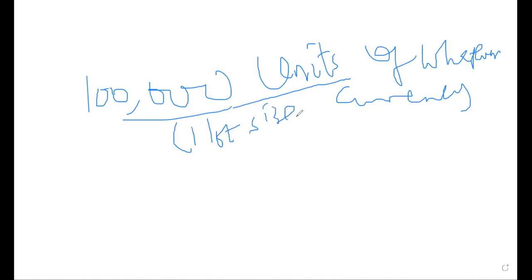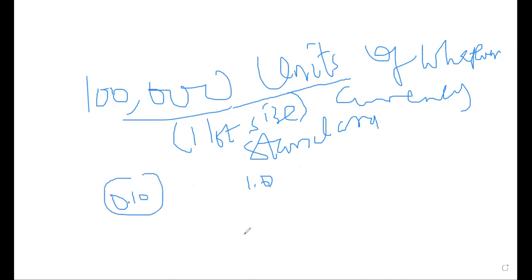Now, this lot size, where do we group it? It is grouped under what is called the standard lot. So any lot you open from 1.0 lot and you start going up, know that that is a standard lot. The next lot, you know again, is always 0.10, which you can see here.